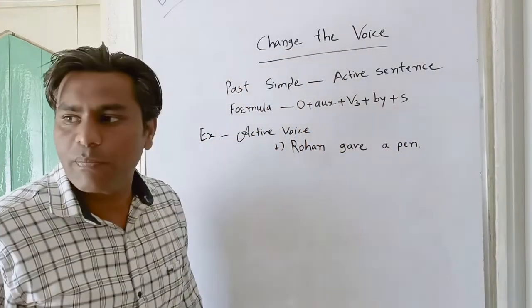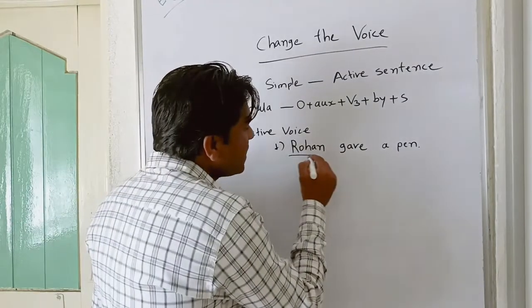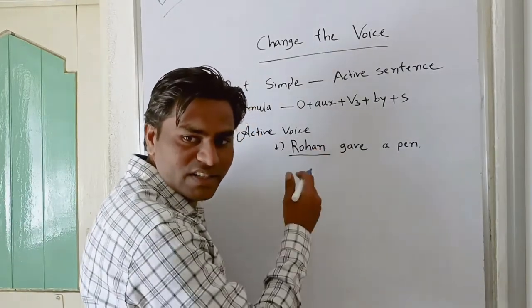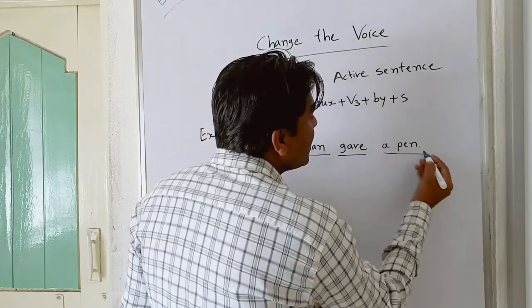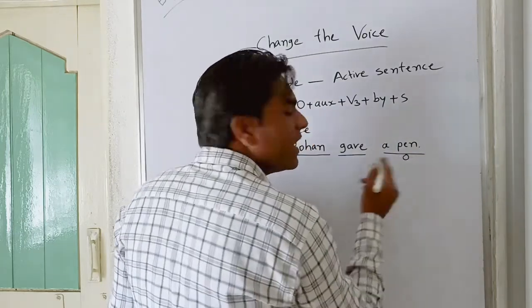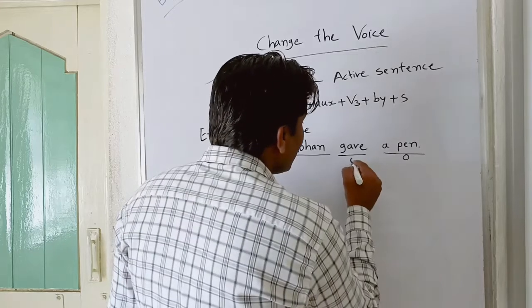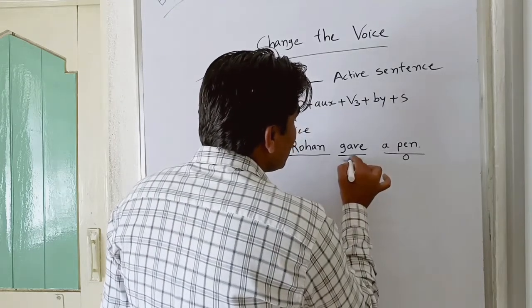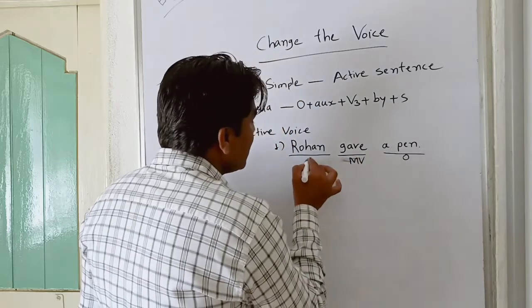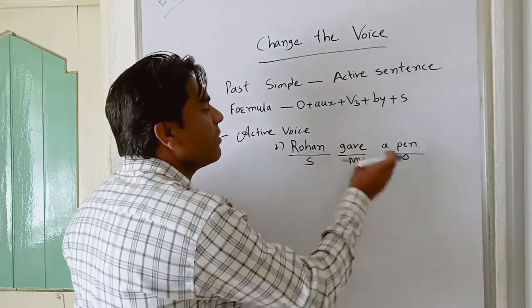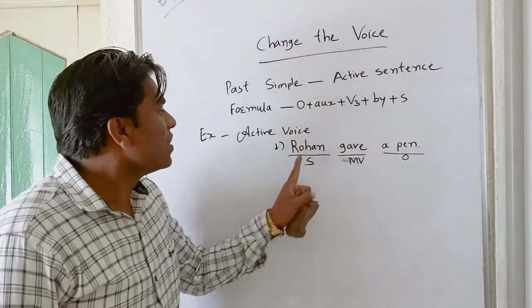Rohan gave a pen. Here is the subject. Yes. Okay. Here is the main verb and here is the object. So I mark it there: subject, main verb and object.